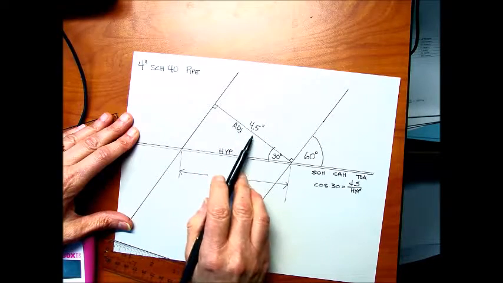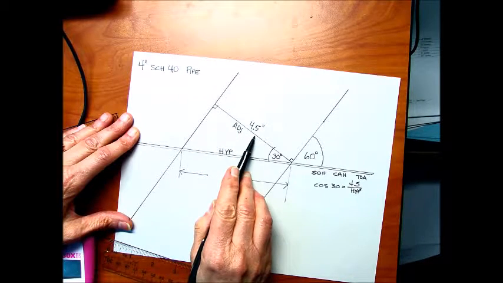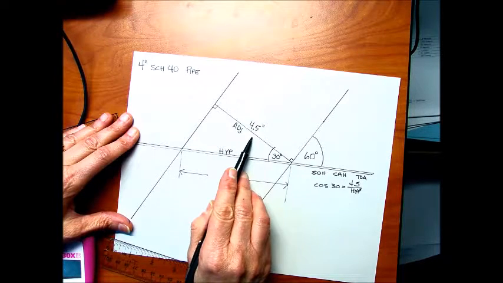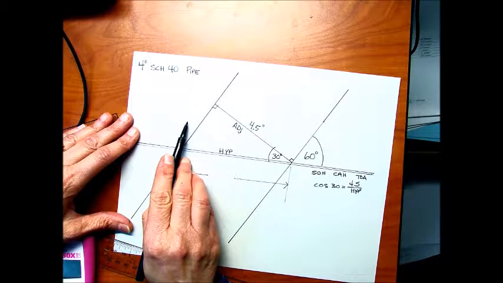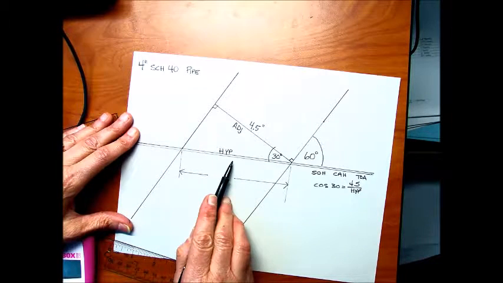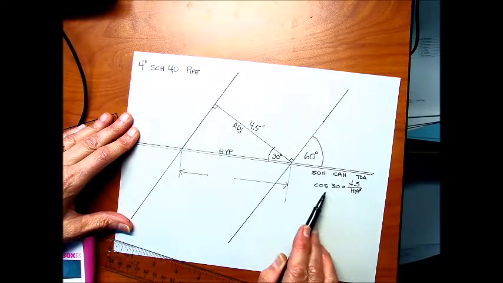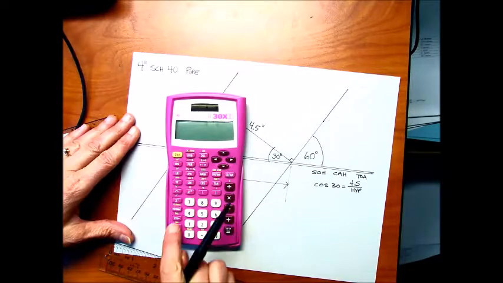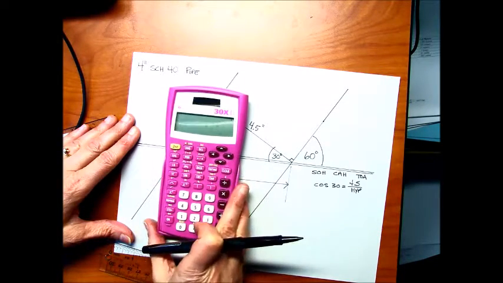This adjacent side, of course, would be the square root of 3 side, and you would have to divide 4.5 by the square root of 3, and then that would give you this short side, and then of course you would double it to get the hypotenuse. But I think a simpler way to go about it is just use cosine. You can certainly do both and compare. You should come up with the same answer.